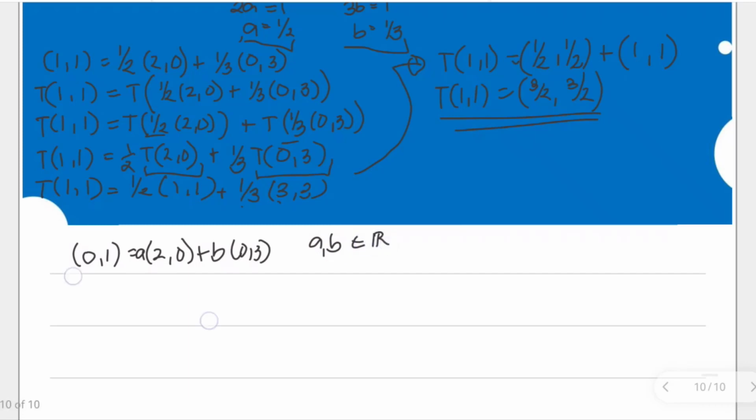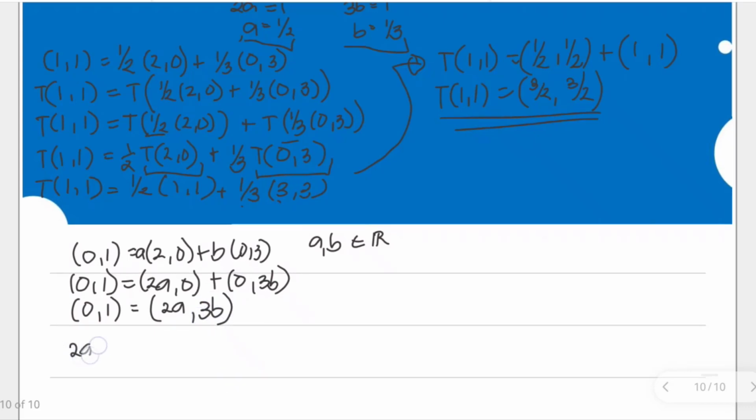So you will have here (0, 1), that's (2a, 0) plus (0, 3b). Equating them, let's do it step by step. You have 2a and then 3b. So 2a is 0, that means a is 0. And you have 3b is equal to 1, b is still 1/3.